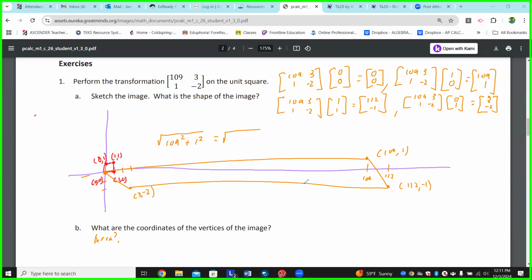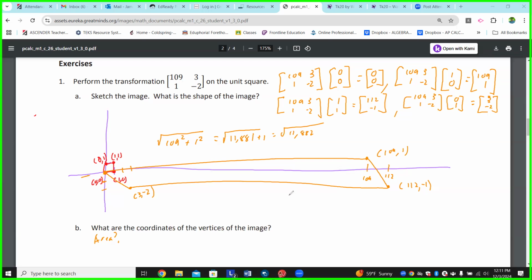What is it? 11,881. And then what's 1 squared? 1, right? And then if I added those up, I get 11,882. That would be this guy's length.